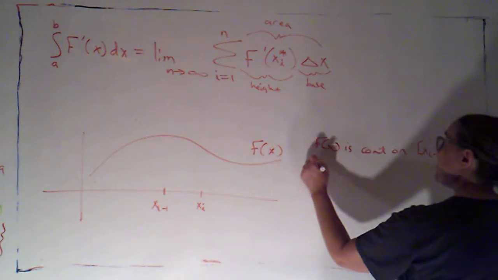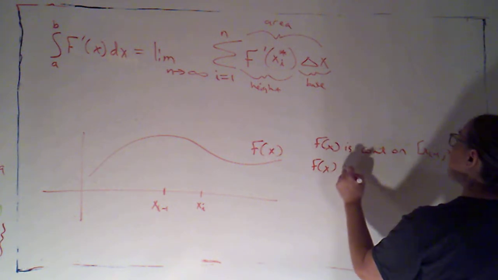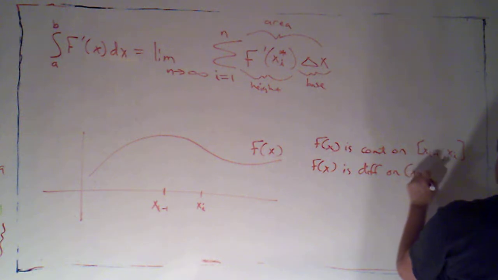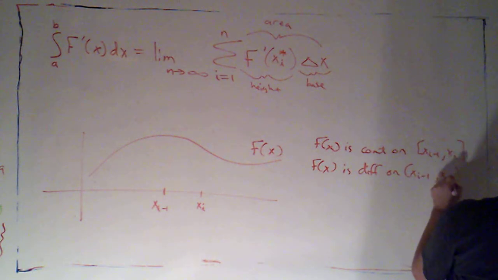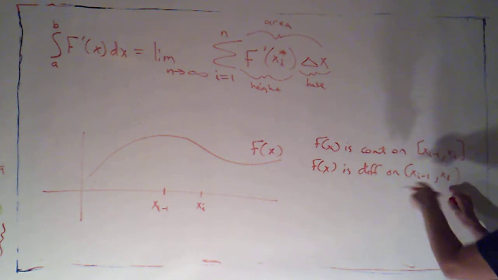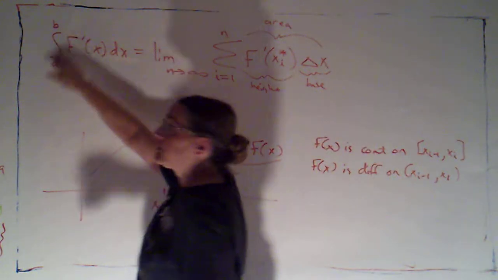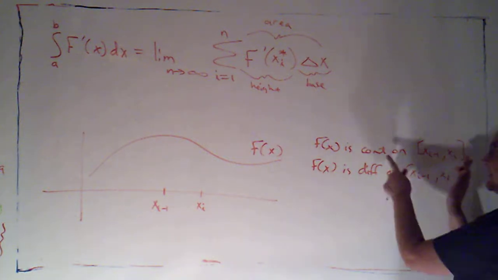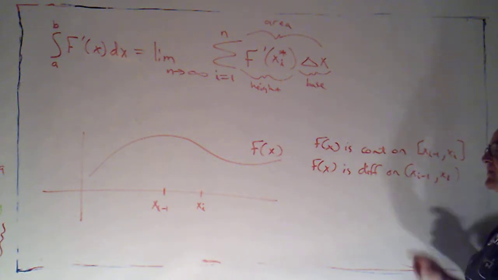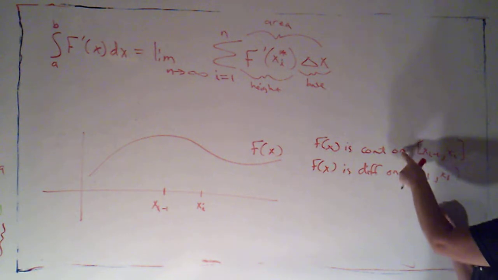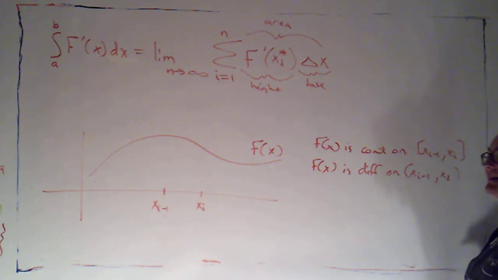Okay. I'm also going to point out that that means F of x is differentiable on the open interval from x sub i minus 1 to x sub i. Now I actually know more than that. It's differentiable on this closed interval because it's differentiable on the entire interval from a to b. But this is what I need right here. This should remind you of a theorem we had. These are the two hypotheses of the mean value theorem.